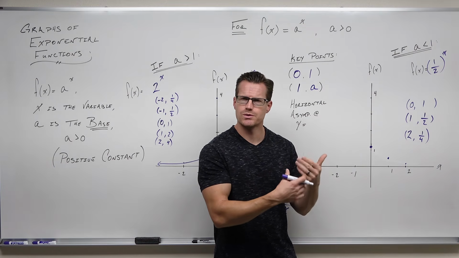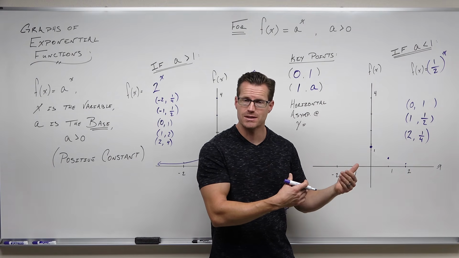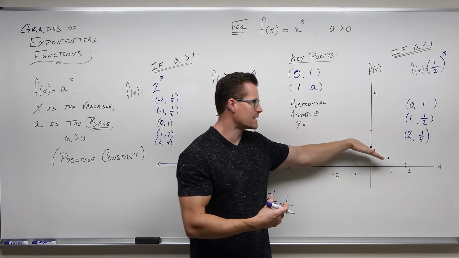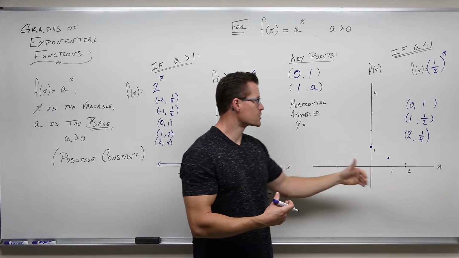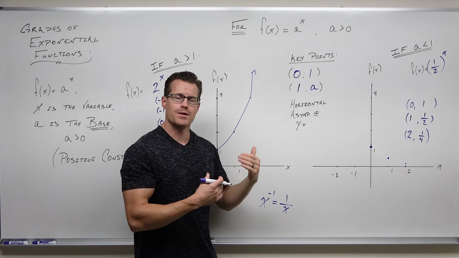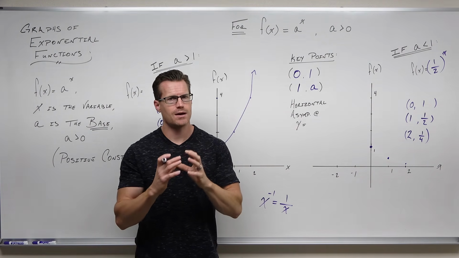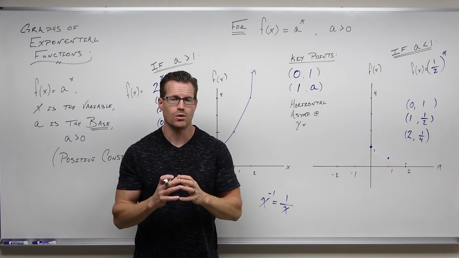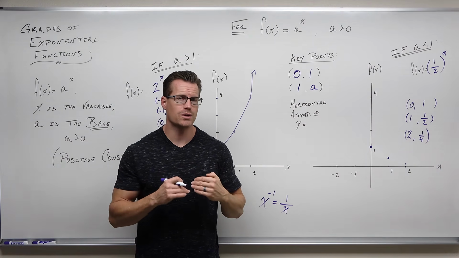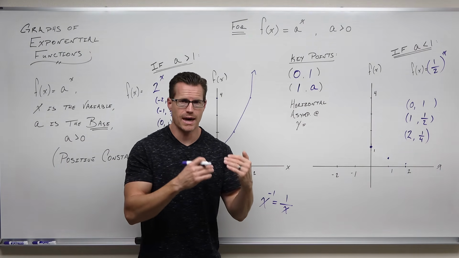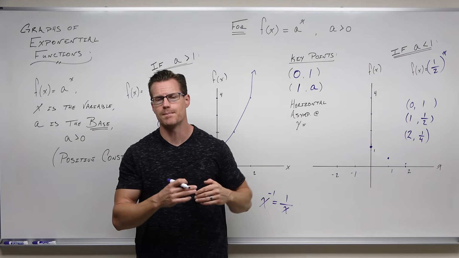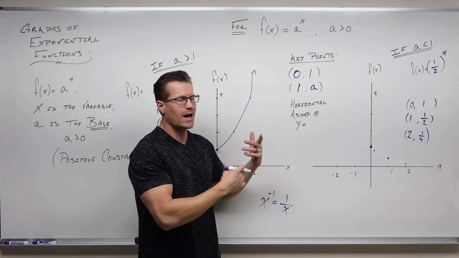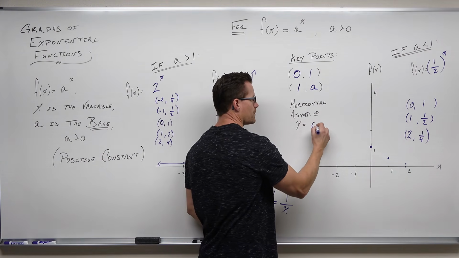It is going to get closer and closer to 0 as an output. Well, wait a second, that's this idea of a horizontal asymptote again. So we have the same idea that both of these graphs and every exponential in general is going to have a horizontal asymptote on the x-axis before you start shifting it. On the x-axis or at y equals 0.